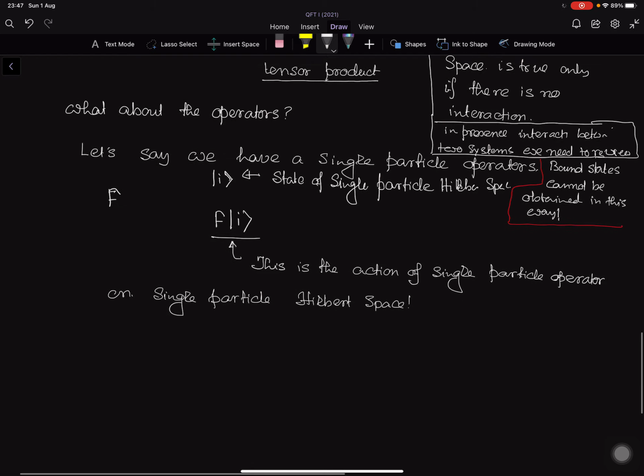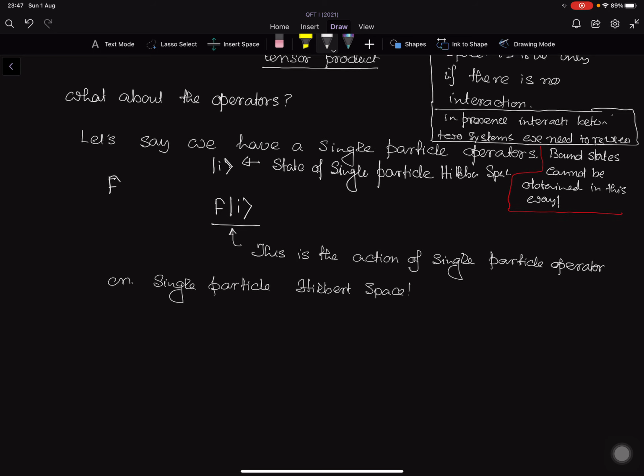So the statement is that for a collection of free systems, the multi-particle operator F, which I denote as mathcal F in the notes, is simply the collection of all single particle operators.